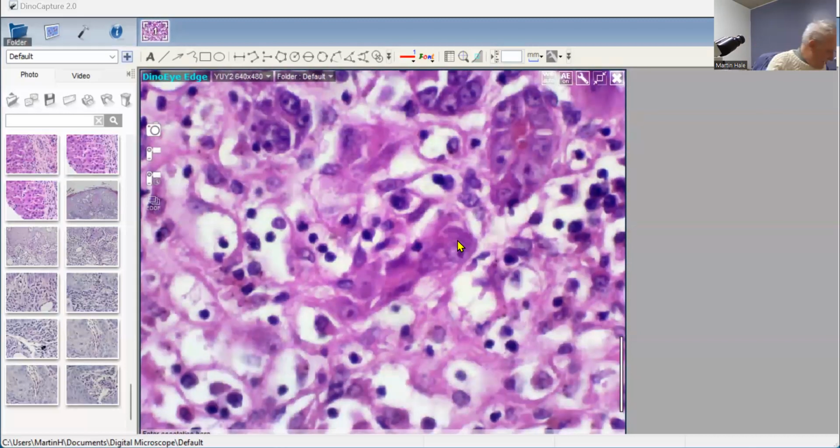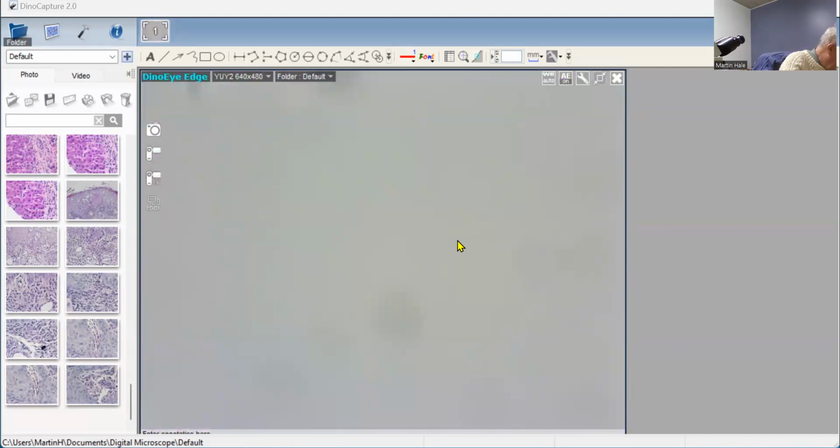If we look at the reticulin stain, sorry, wrong one.